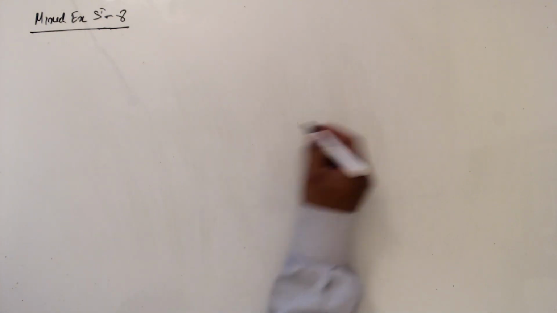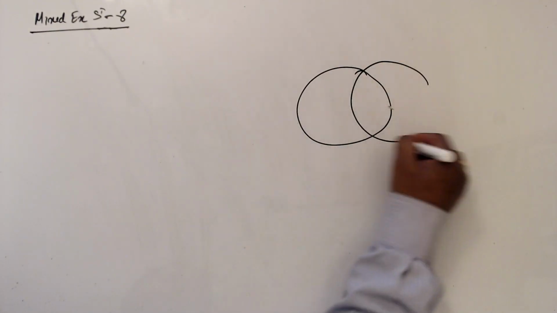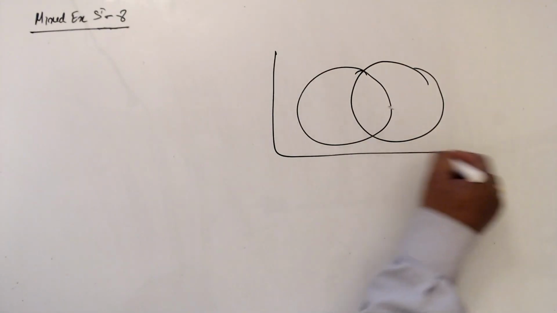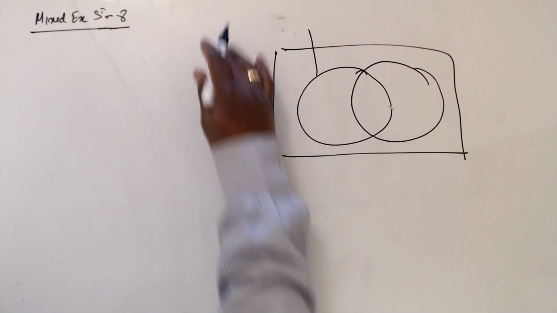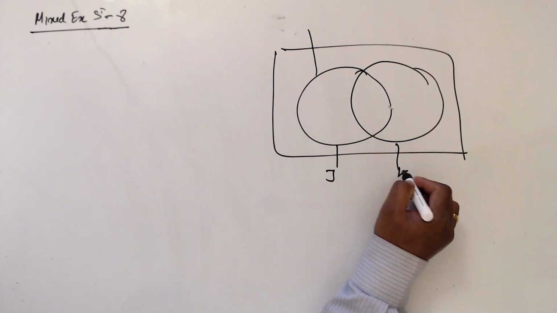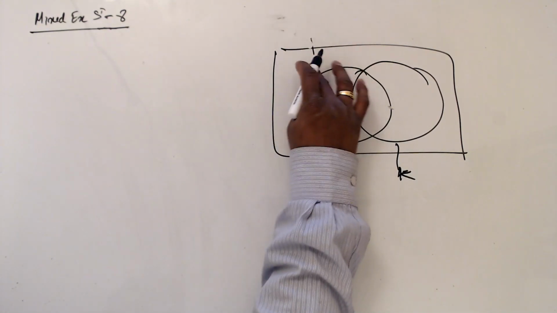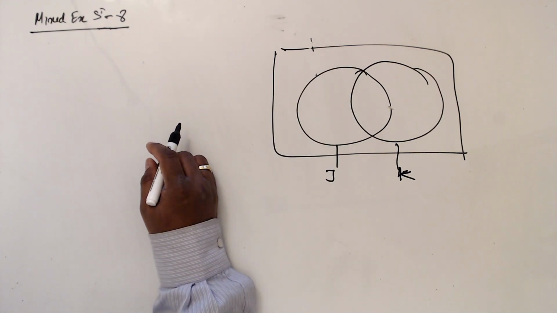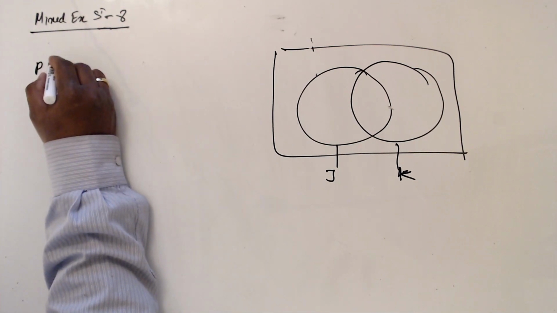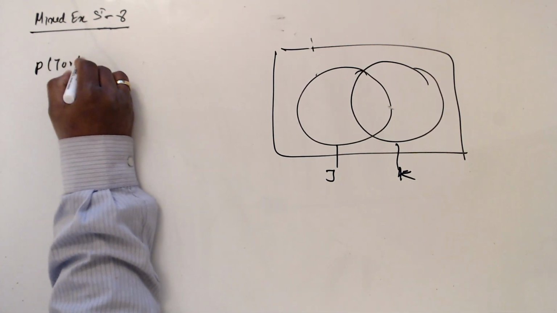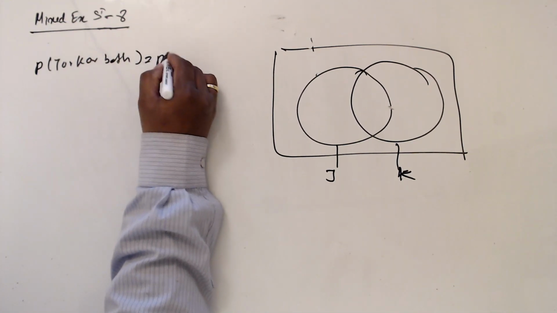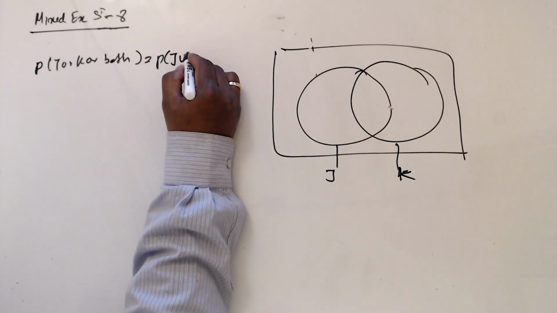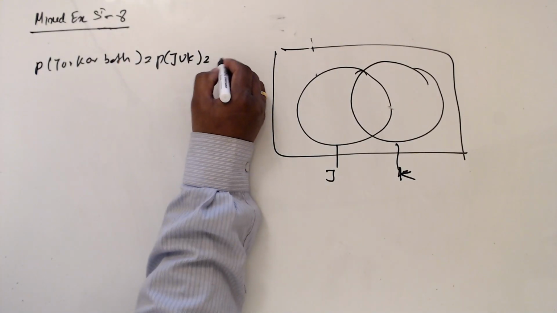Question number 8. There are two events J and K. Probability of J or K or both, which is probability of J union K, is 0.5.